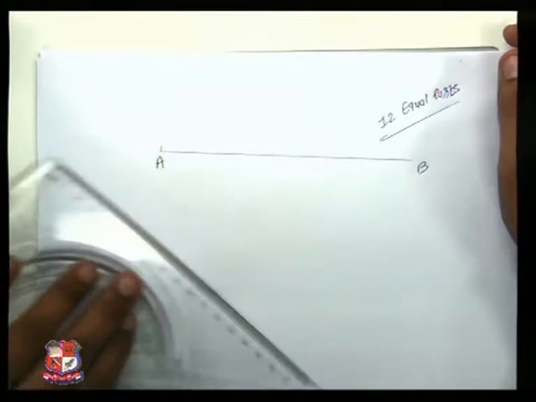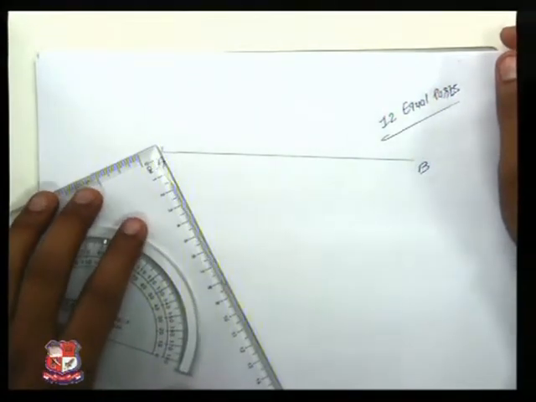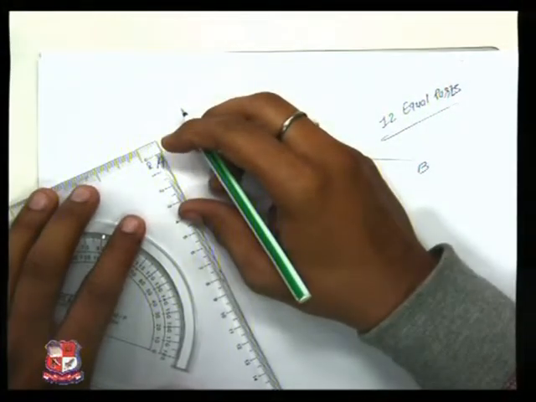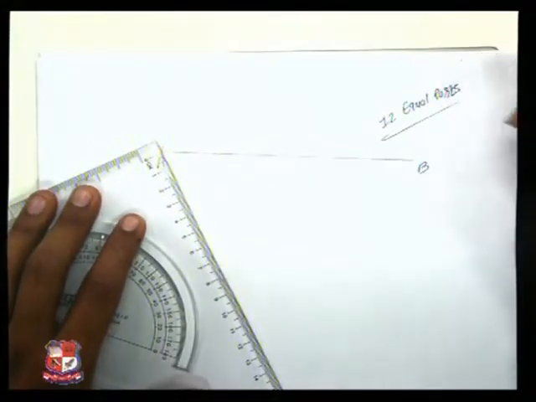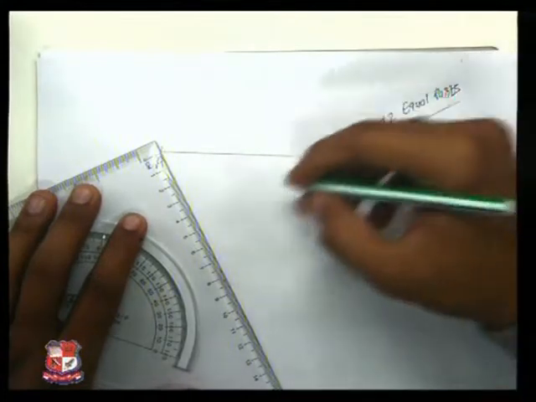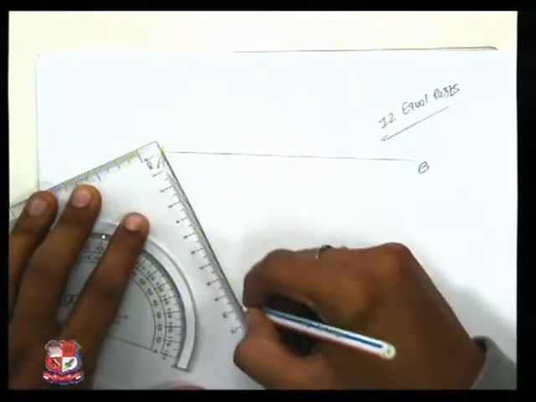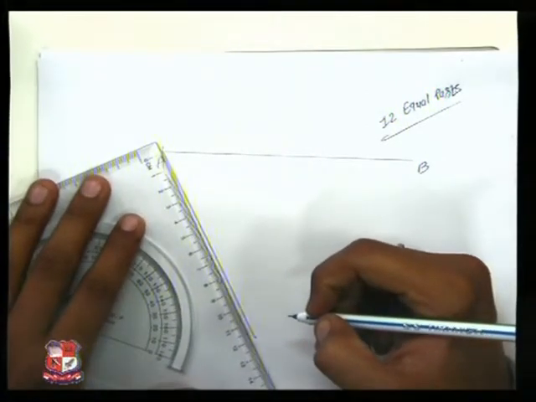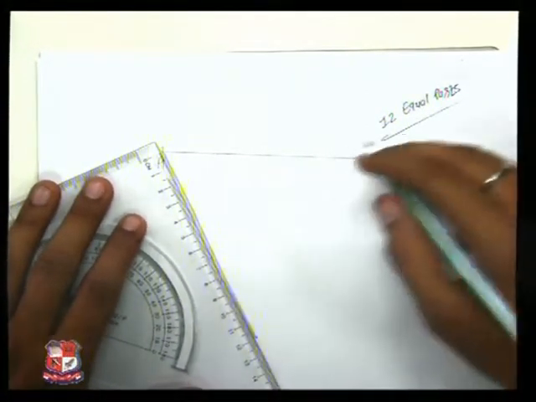So from the point number A, I will draw a 12 mm line or any line in the multiplication of 12 at any angle. I know this distance 12.